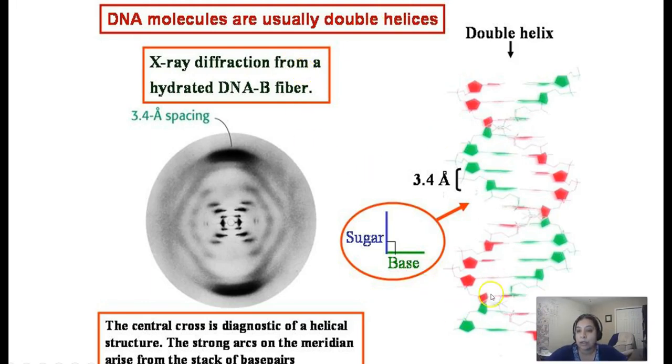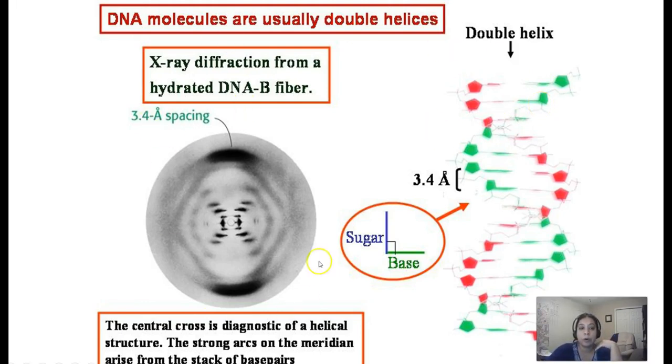Looking at it in this cartoon image, we see our sugar phosphate backbone of the two strands that are wound around each other. And then you have the base pairs inside that are interacting with each other.